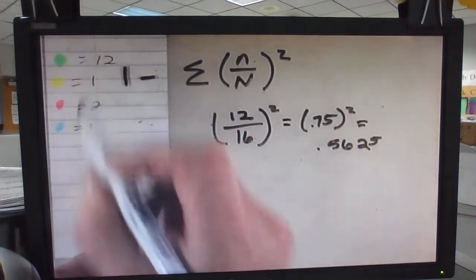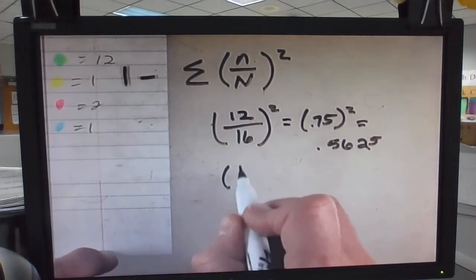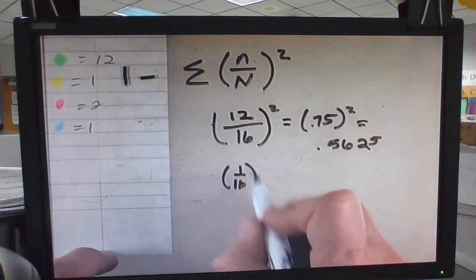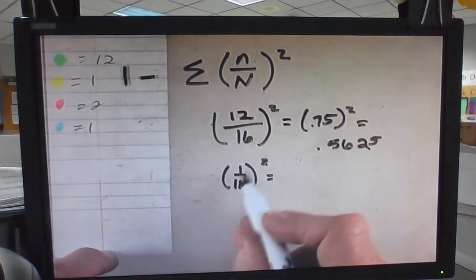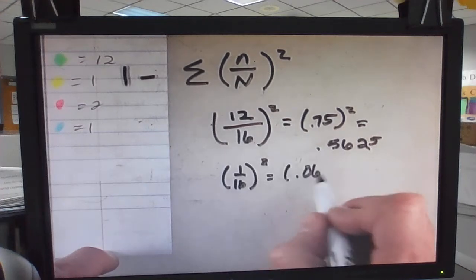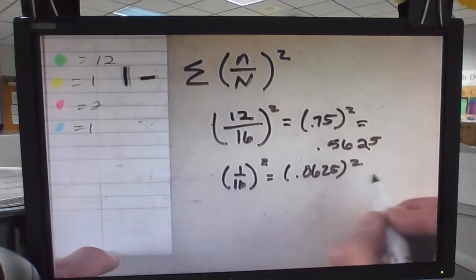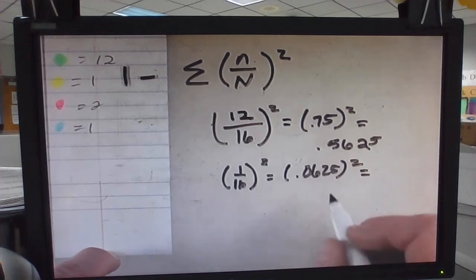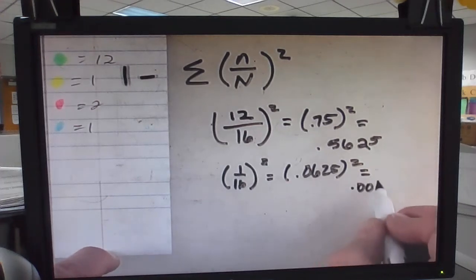All right, yellow species, there's only 1 of those critters, but there's still 16 total in the ecosystem. So 1 divided by 16 is 0.0625 squared equals 0.0039.